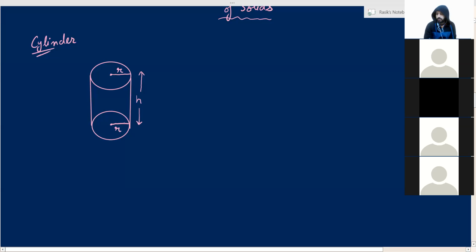Understand, all of you? Let me show you something which is in the shape of a cylinder. You already know what is a cylinder, I think, but still, it will be easier for me to explain the formula.